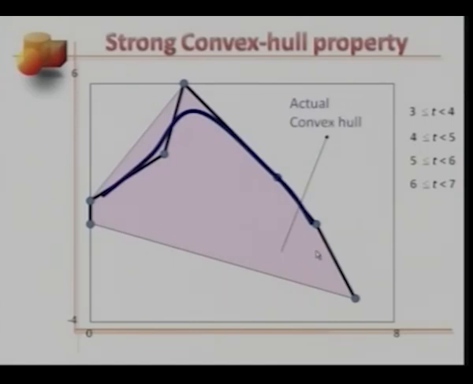And let's superpose the previous convex hulls that we have seen. Now, you would note that if you combine all these convex hulls together, the area formed will be smaller than the area of the actual convex hull or the parent convex hull.